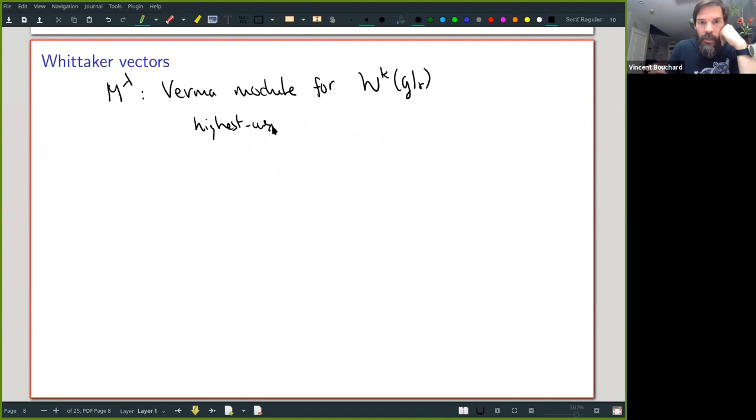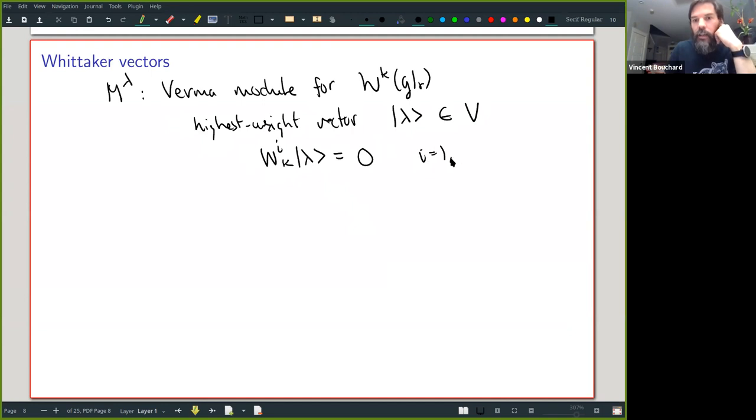So you have a vector in your space of states, which we usually denote like this. It's such that this vector is killed by all the positive modes. So if you act with any positive mode, for i from 1 to R, of the modes of the strong generators, you act on that state with the positive modes and you get 0.